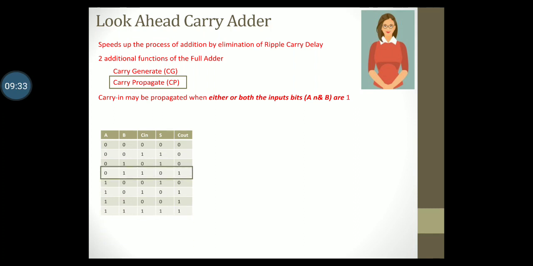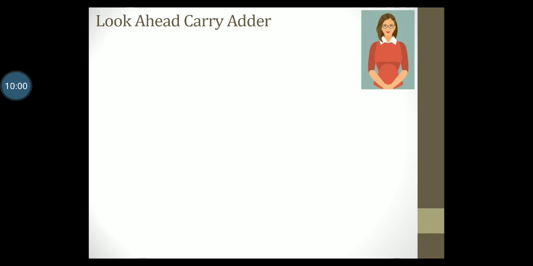We look for all those cases where A or B is a 1 and a carry out is generated. We get 4 such cases. This is the first one, second, third, and the fourth. Therefore, we can conclude that carry propagate or CP is A plus B.